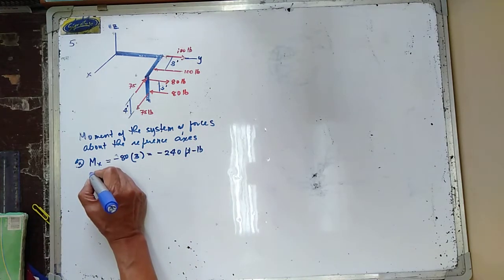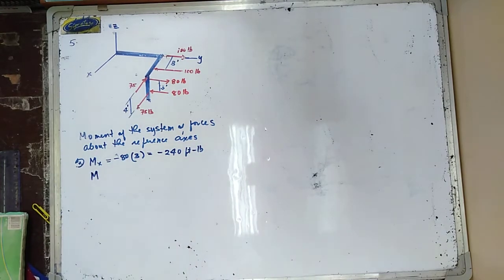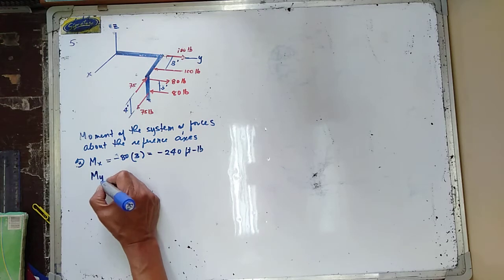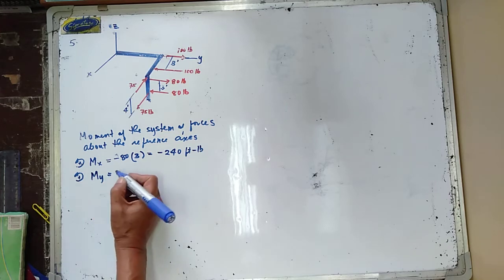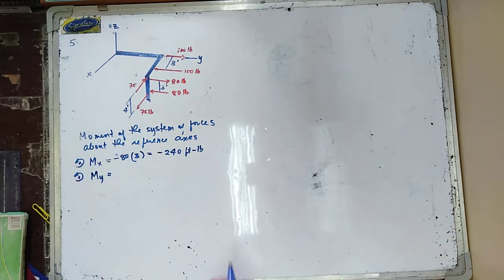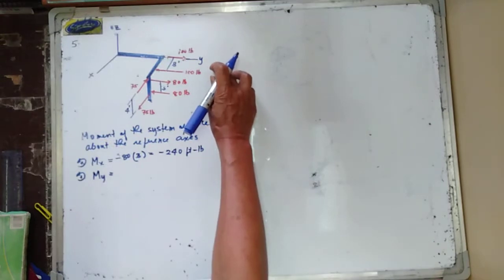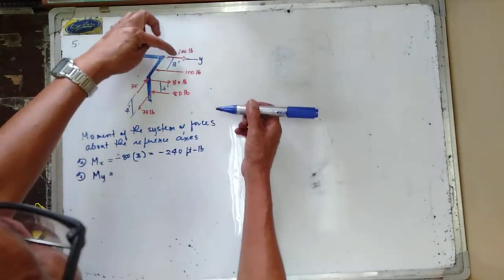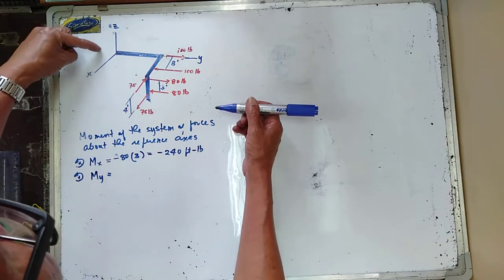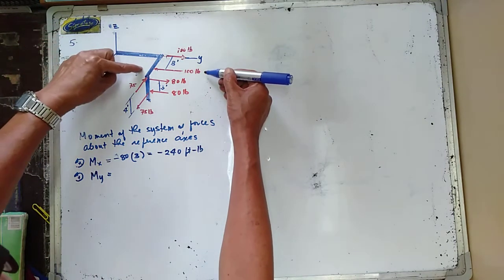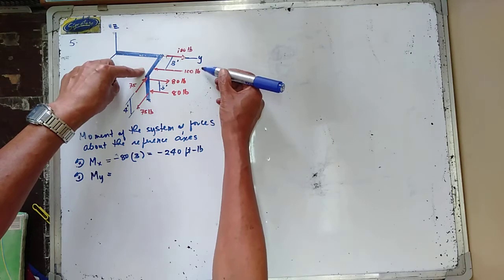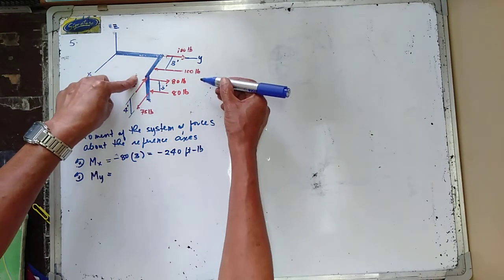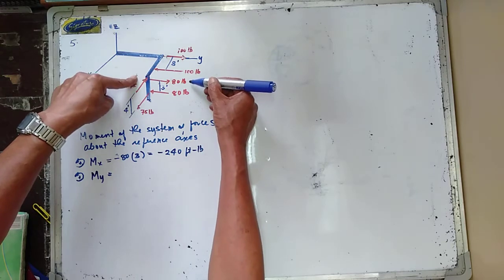Next is the moment of the three couples about the y-axis. Still, let us take counterclockwise moment as positive. The 100 pounds is along the y-axis, so it has no moment. The other 100 pounds is parallel to the y-axis, hence no moment. The 80 pounds are also parallel to the y-axis, so they have no moment.